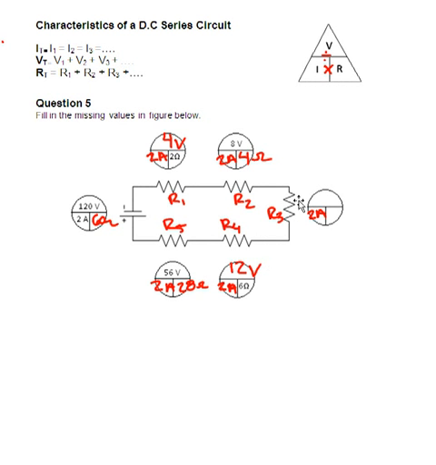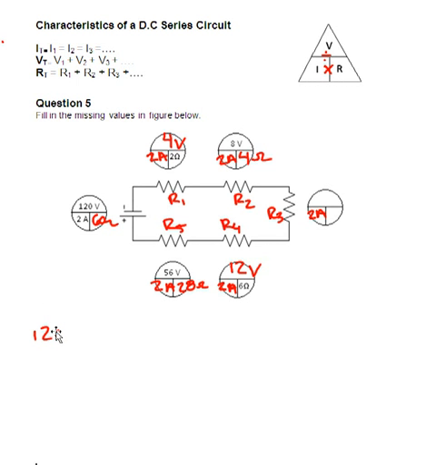Let's see. Now we have enough to find out either through resistance or through voltage, and using characteristics of a DC circuit, we can find our last two variables. So let's choose one. Let's choose voltage.